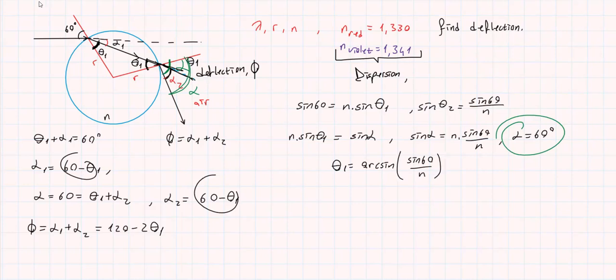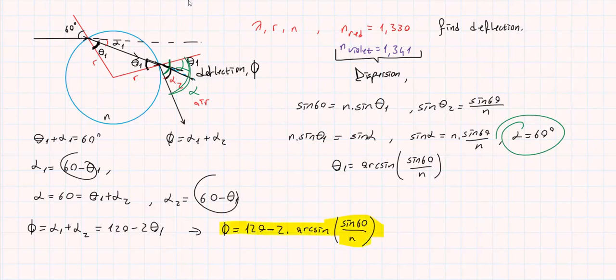Then I will substitute this here. I say my phi is 120 minus 2 times arc sine of sine 60 over n. Now, this is my final calculation.